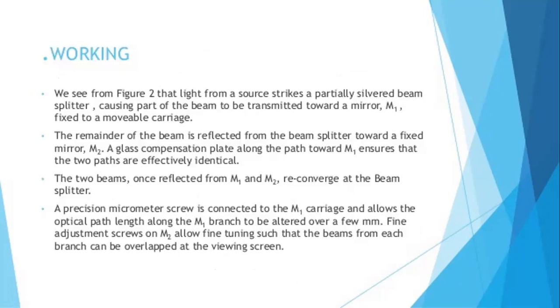Half of the rays go towards the transmitting mirror, that is the mirror fixed to the movable carriage, and the remaining beam is reflected from the beam splitter towards a fixed glass mirror, that is M2, and a glass compensation plate is fixed between the beam splitter and the mirrors.